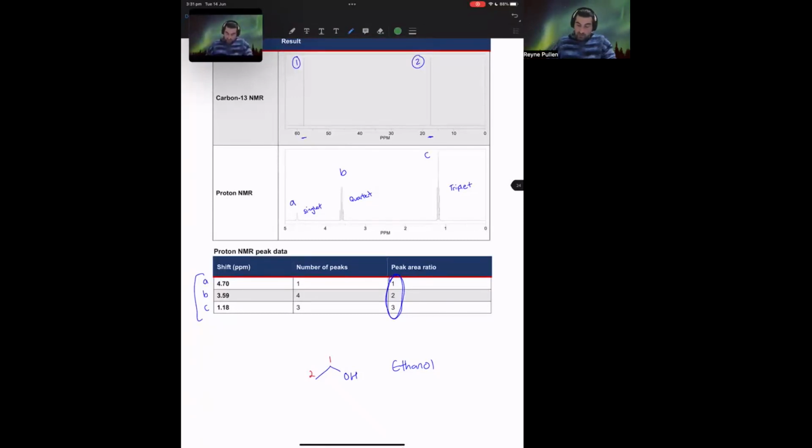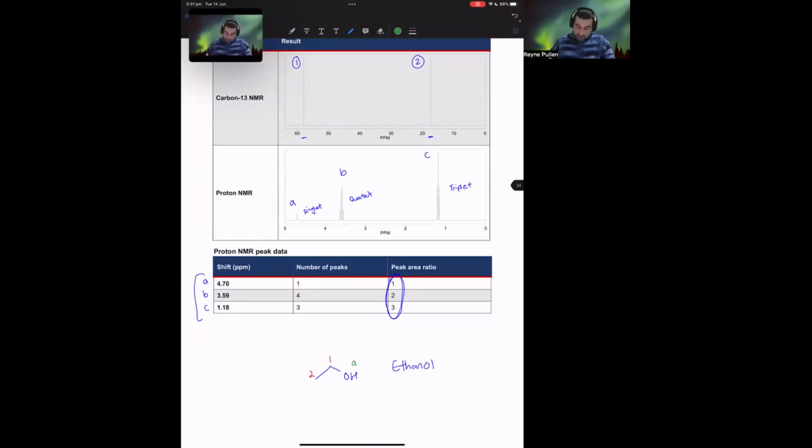If we then change to think about our hydrogen environments, we had the 3 different peaks, the singlet, quartet, and triplet. As I said before, the singlet is often a safe bet that it's going to be on an alcohol, okay? And that kind of is due to the fact that an alcohol proton doesn't tend to split or interact with the carbon protons that we see next to it.